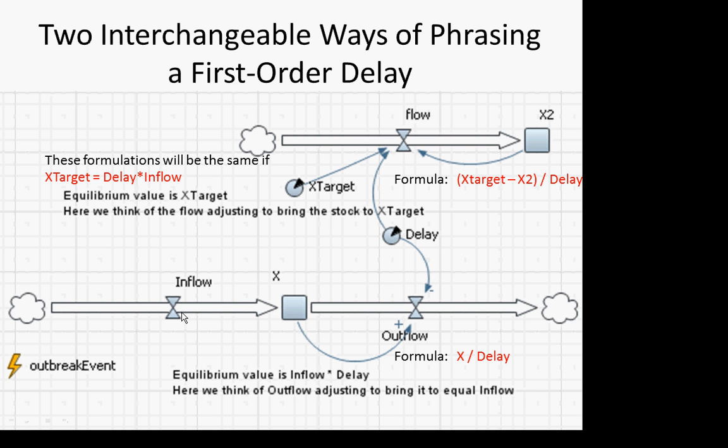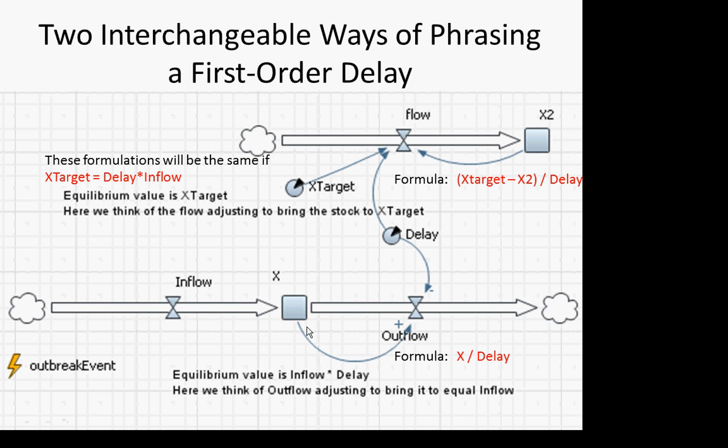And that's great. And ladies and gentlemen, remind me again, speaking hopefully as if in a Greek chorus: what will be the equilibrium value of this stock, speaking about the one on the bottom here, confining our attention to the formulation we've been talking about? If inflow is constant, what's the equilibrium value of x? Inflow times delay.